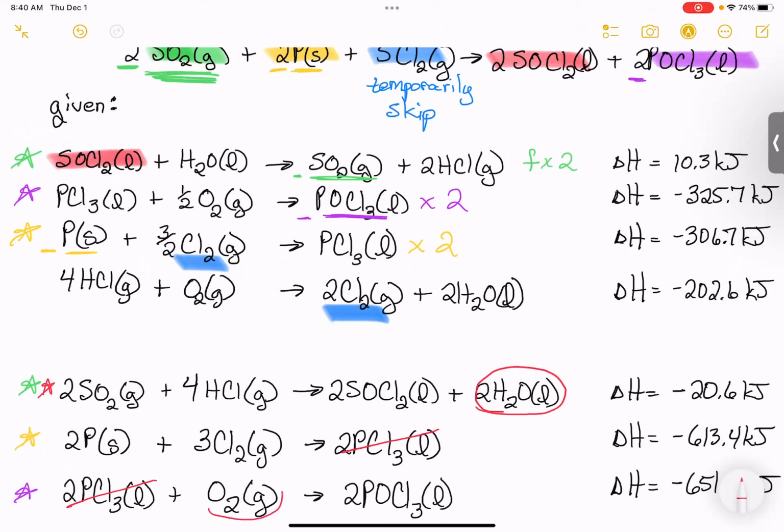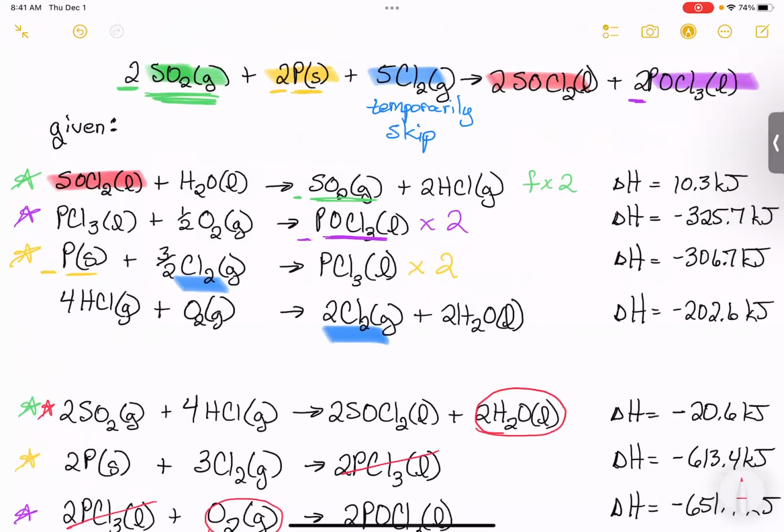I don't need O2 gas. From the original reaction, you don't need any of those. So we got to get rid of those. And I don't need HCl either. So I got to get rid of all of those things because I don't need them in the original equation. So this last equation is going to be used to get rid of those things.